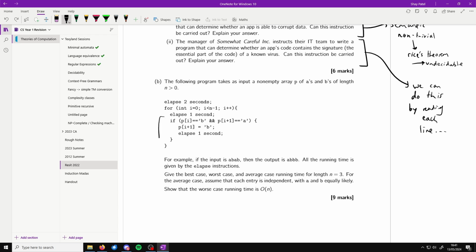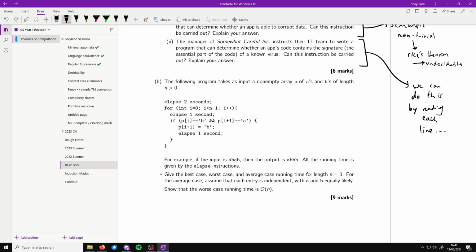Then for every character, if P[i] equals B and P[i+1] equals A, then set P[i+1] to B. So it basically just sets every character after the first B to a B.